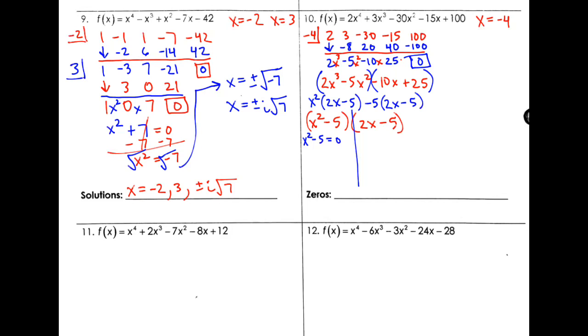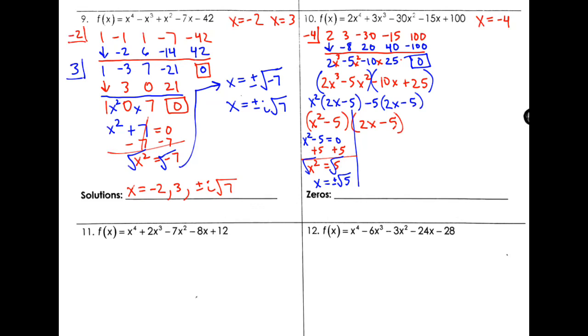We're going to add 5, add 5. That gives us x squared is equal to 5. Take the square root, and that's going to leave us with x is equal to plus or minus radical 5.